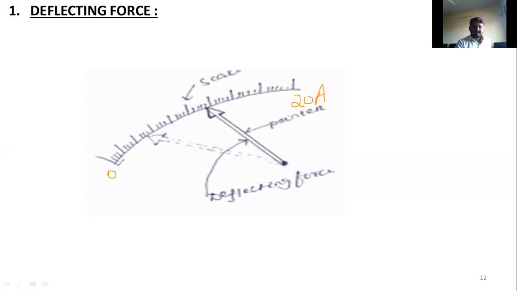At the initial condition, the pointer was at this point. But whenever I apply some voltage and this instrument is connected in series with the circuit, some current will flow through this instrument. It may be temperature operated, electrostatic, or electromagnetic induction, or whatever it may be. What will happen? The coils inside, some coils are there.